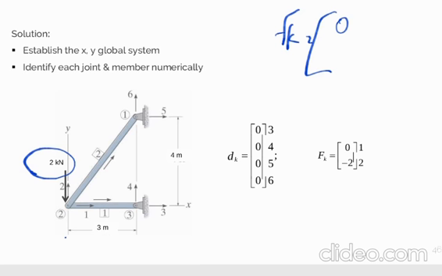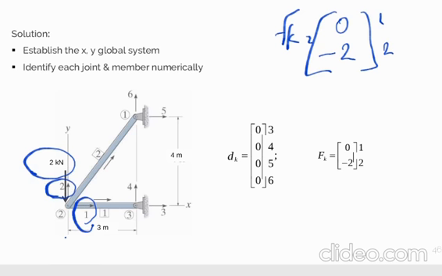Because it's applied downward, pushing the structure down, I put minus 2, and give it number 1 and number 2, because I already gave global number 1 and global number 2 to joint 2.